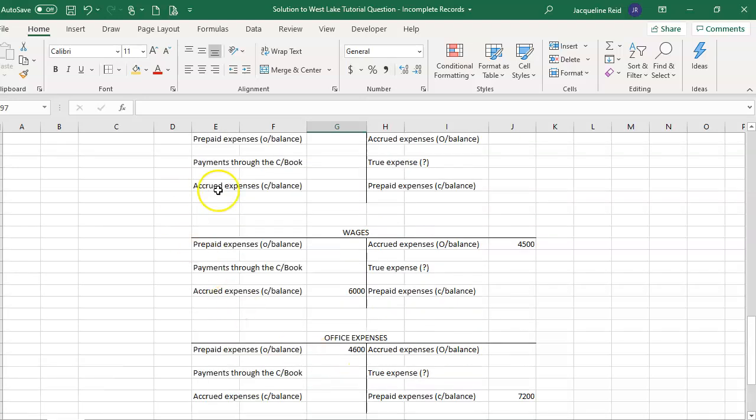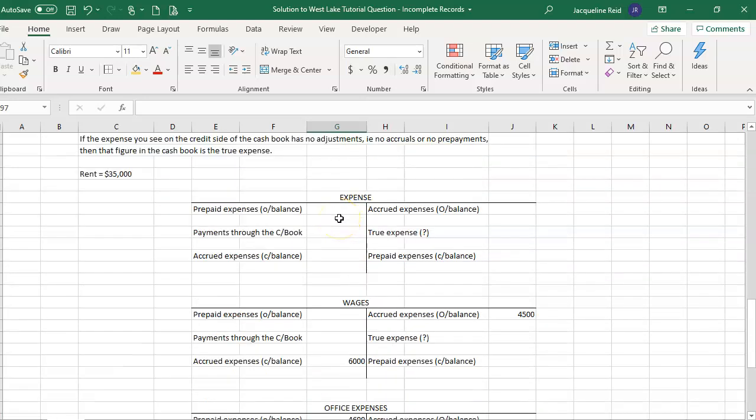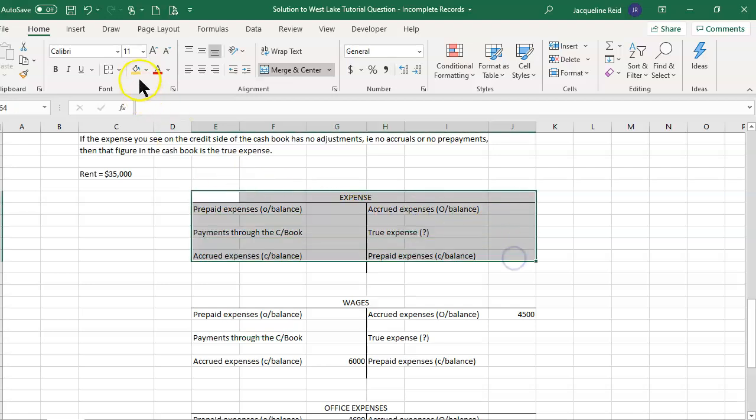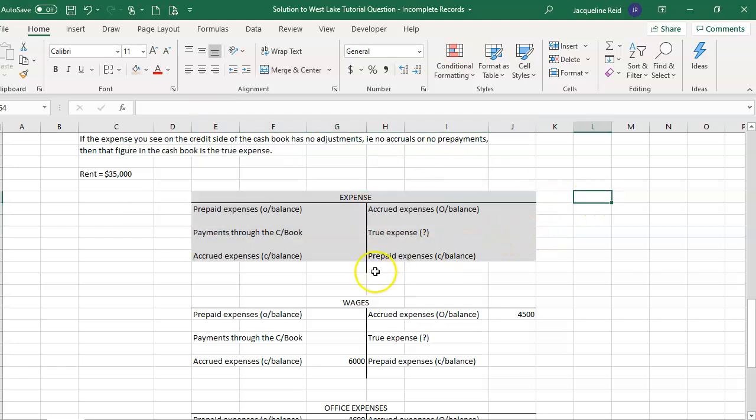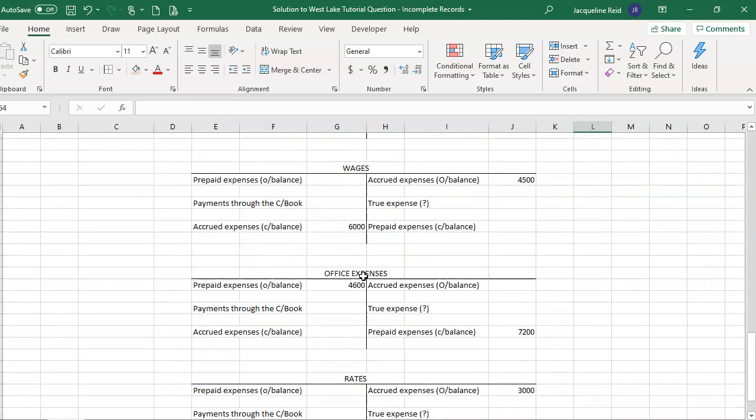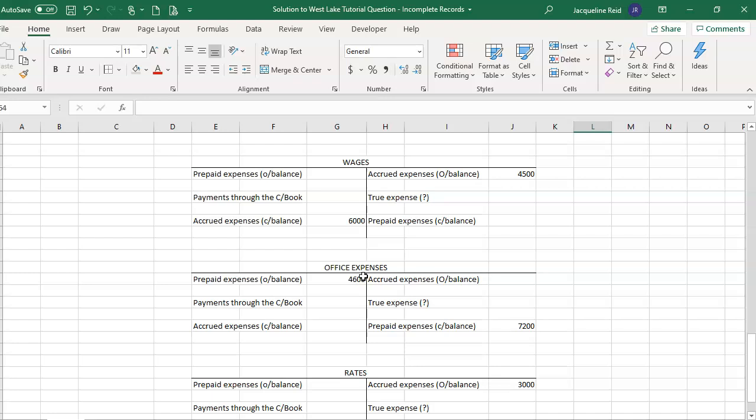Now the last set of figures we're going to put in before we try to determine the true expenses are the payments that came in through the cash book. This was just a template, so let me just highlight it so we don't get it confused. So the only figures that I want to put in that were provided are the payments through the cash book.